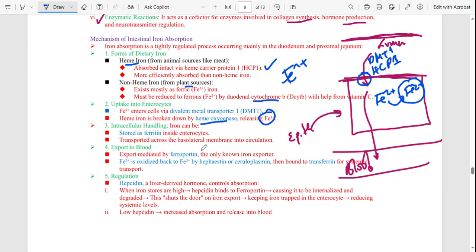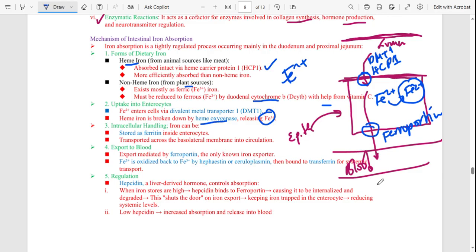And then some of the iron is going to be transported to the other side, the basolateral end. And on this side, there is a transporter which we call ferroportin. That's the one that is going to allow the iron to go that side. It's an iron exporter.